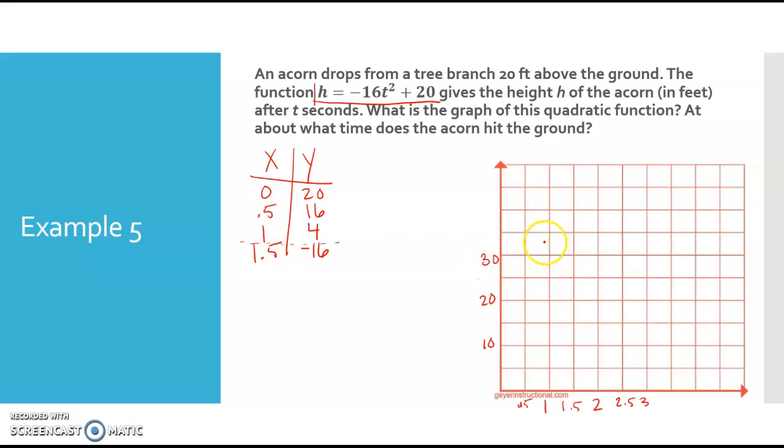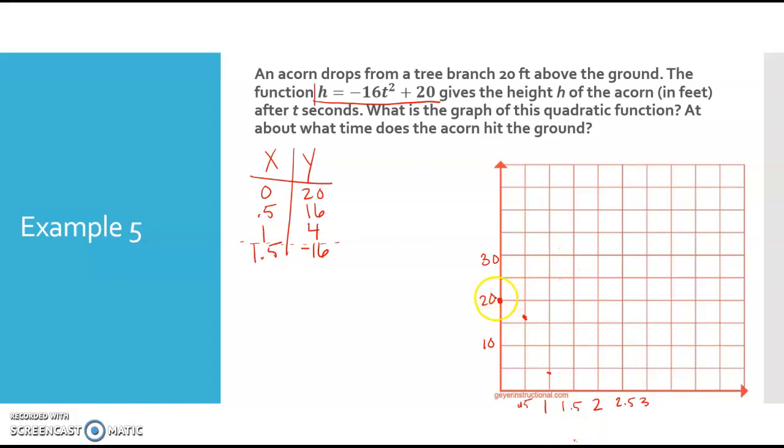Okay, so at 0, we're at 20, right? It starts from a height of 20. Half a second in, it is at 16. So there's 15, so 16 would be right about there, right? 1 second in, we're at 4. So there's 5, so 4 is right here. And then 1.5 seconds in, we are clear down at negative 16, which is somewhere down here.